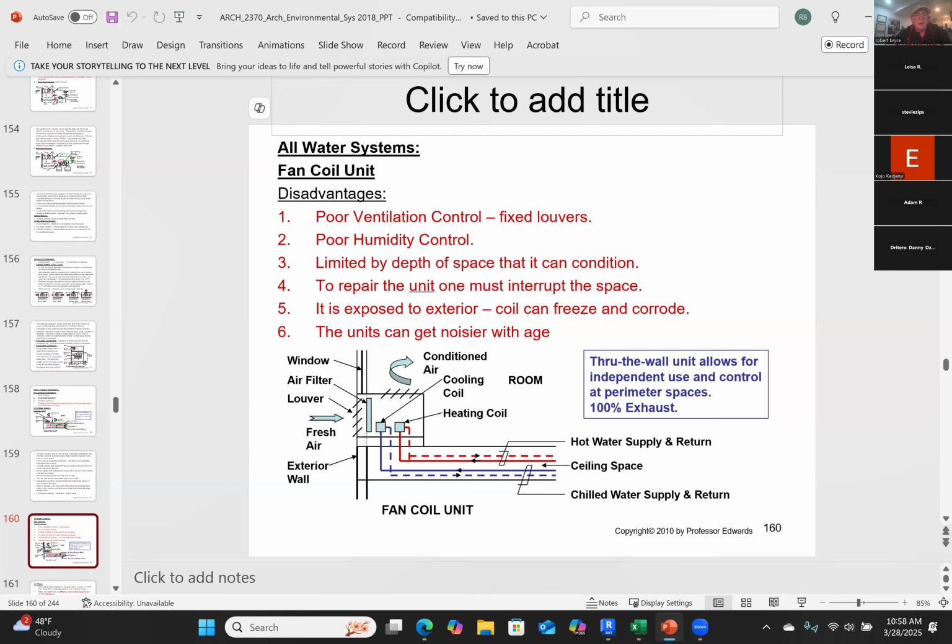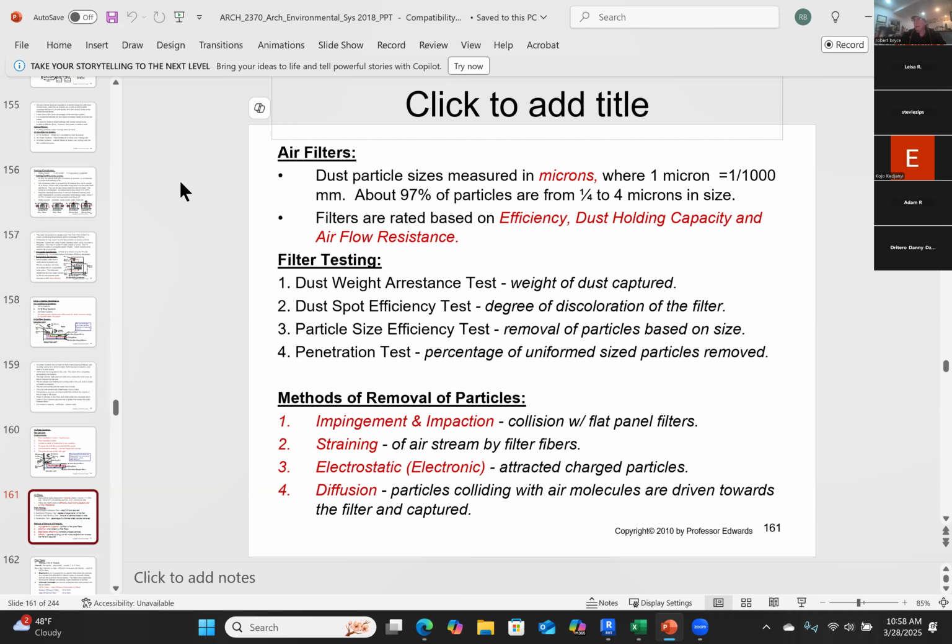Okay, so we have to filter that air out. We know that the outside air has particulates in it that we don't want to be introduced into the space. So we use what's called a filter, and you all know about that from your experience.